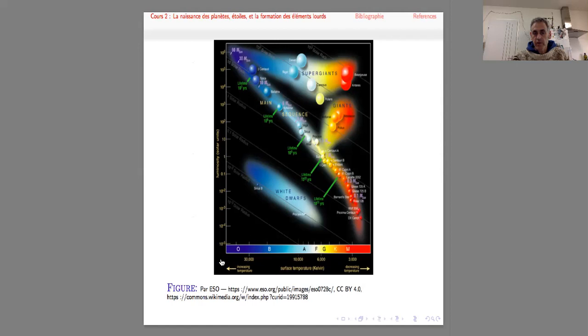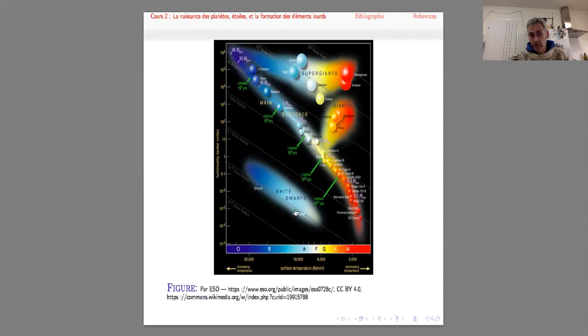It's a little bit confusing for several reasons. One is that this blue end is actually the warmer end.